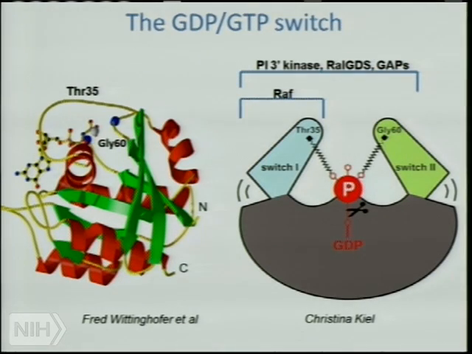This shows a diagram of how this binary switch actually works. So again, on the left side, this is another way of looking at the RAS structure, which binds very tightly to GDP or GTP, and this binding determines whether it's on or off.